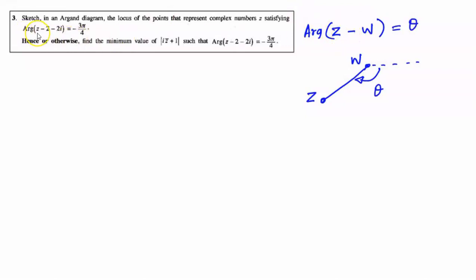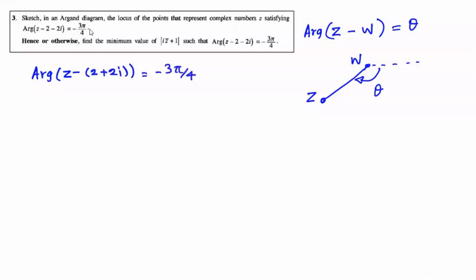So in this problem, we are looking for all the complex numbers z that make an angle from this complex number here of negative 3 pi over 4. If I rewrite this formula by taking the negative out, that's going to leave me with 2 plus 2i, and that has to be negative 3 pi over 4.